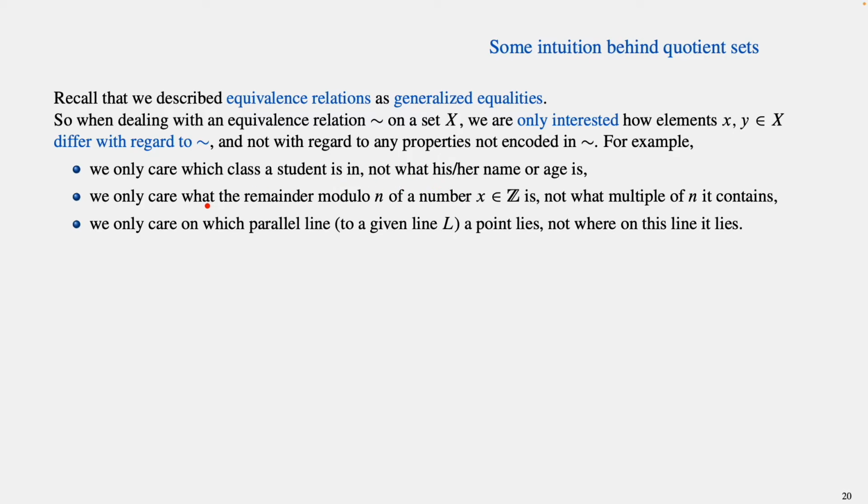We only care what the remainder modulo n of a number x is, but not what multiple of n this number contains. Or we might only care about which parallel line a given point lies on, parallel to some given line L, but we don't care where in particular this point lies on the line.